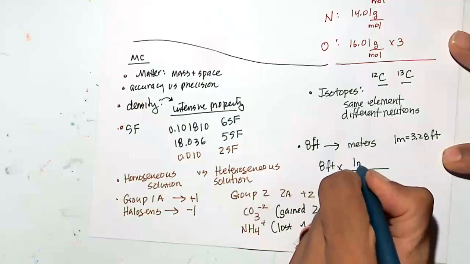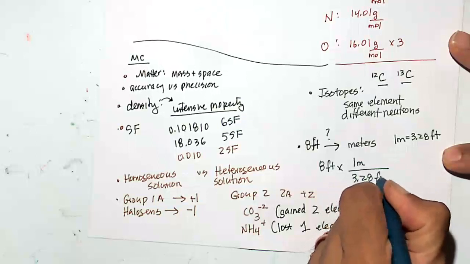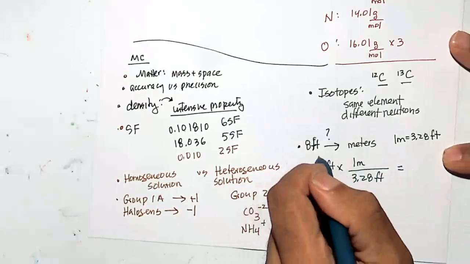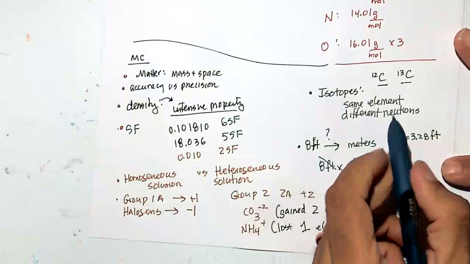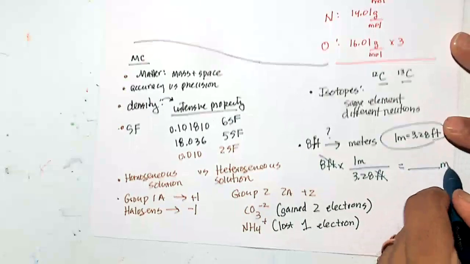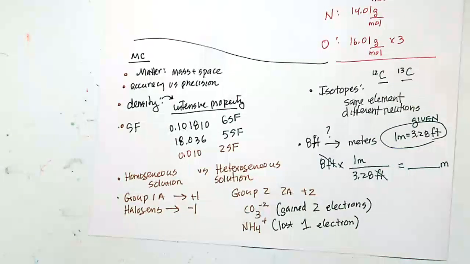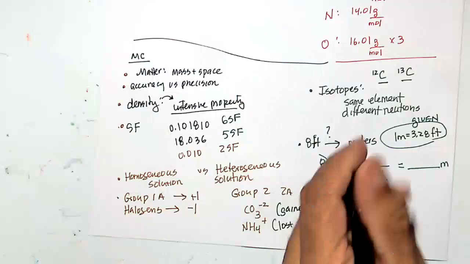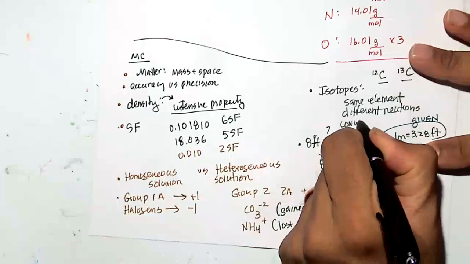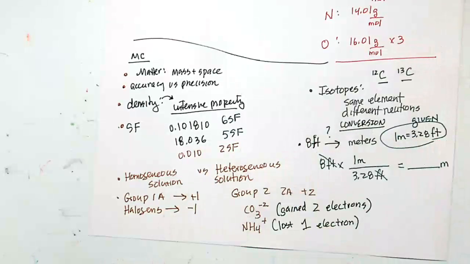You have 8 feet times, we know that 1 meter is how many feet? Yes, so the feet cancel, and this will give us his height in meters. So this will be given. These are conversions, basically. Feet to meters.